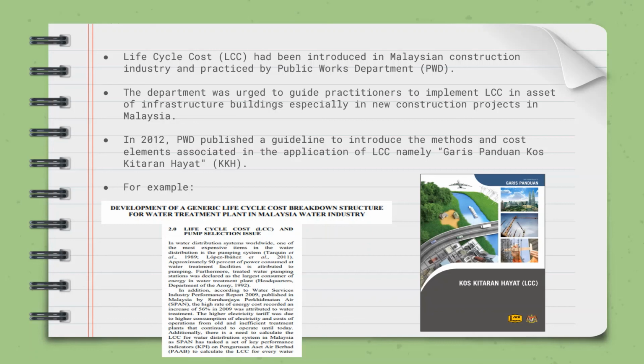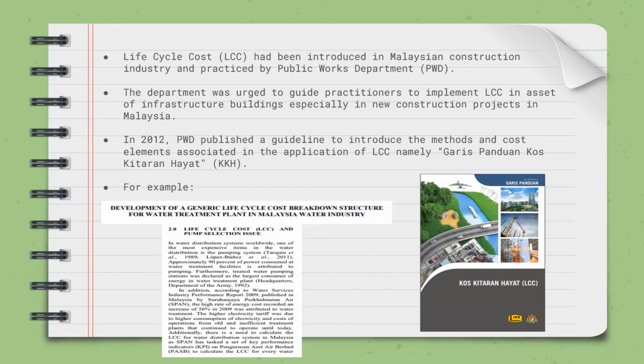For example here, life cycle cost has been used in development for a water treatment plant in the Malaysian water industry. The organization used this method in order to solve the issue of deterioration and the high cost in water assets with the purpose to attain lower operating cost.